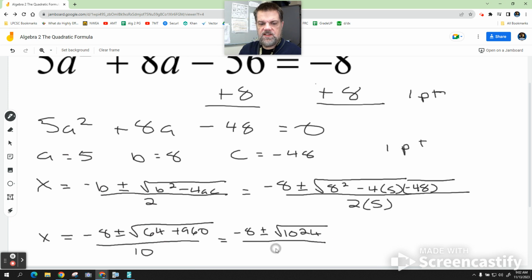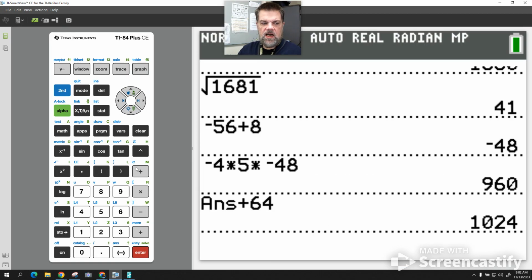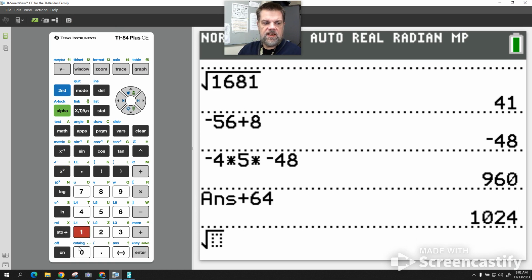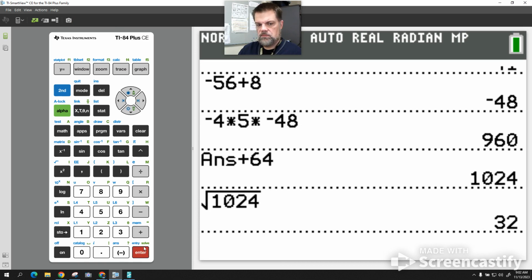But for this particular one, we could simplify the radical, but we're just going to do the decimal approximation. So in my calculator, I'm going to do the square root of 1024. Wait a minute.